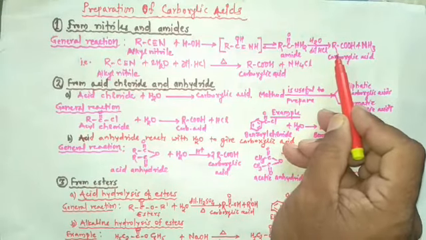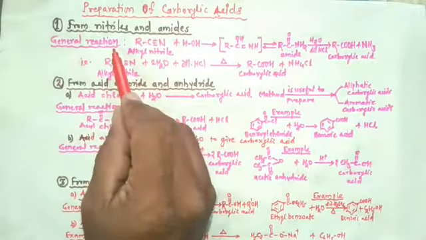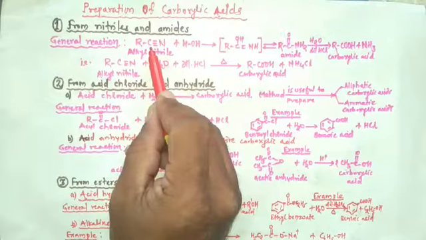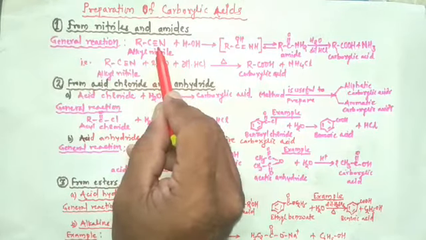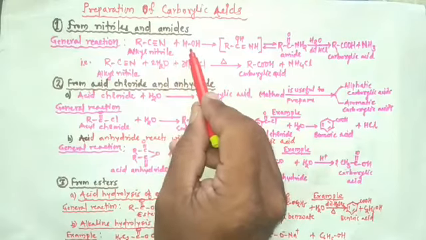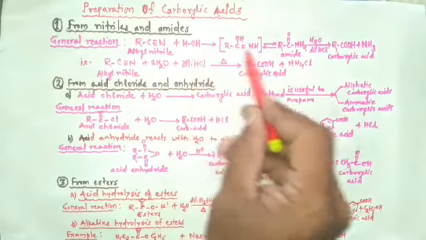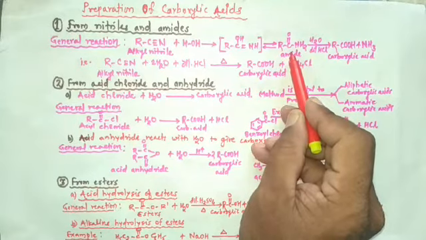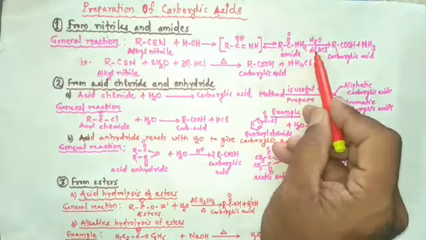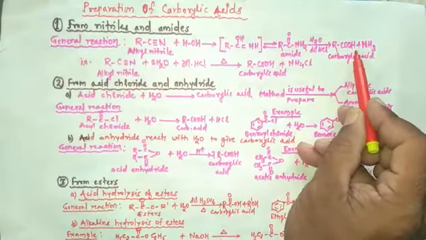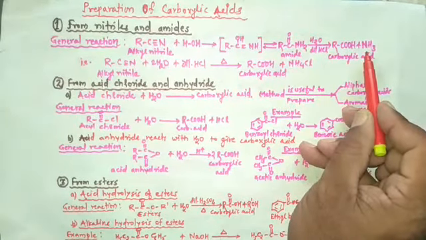So let's study the general reaction. Alkyl nitrile, that is RC triple bond N, on acid hydrolysis produces amide, and amide on acid hydrolysis produces carboxylic acid, that is RCOOH, and the byproduct formed is NH3.